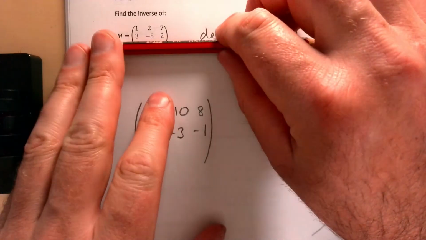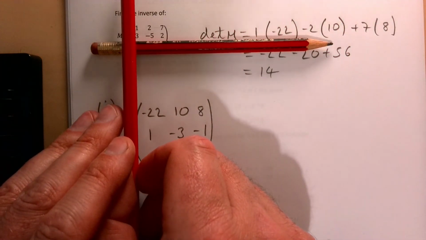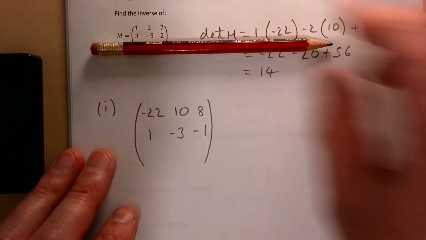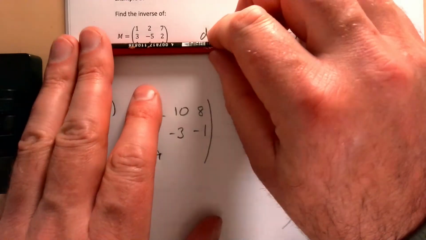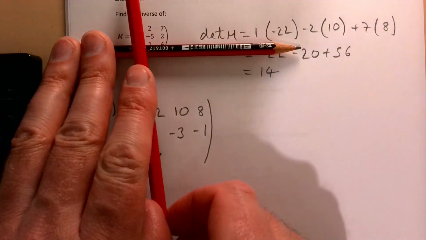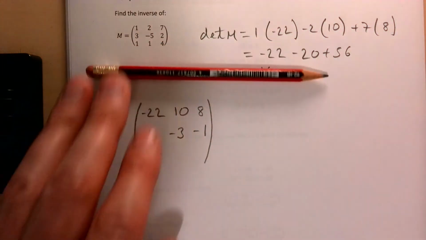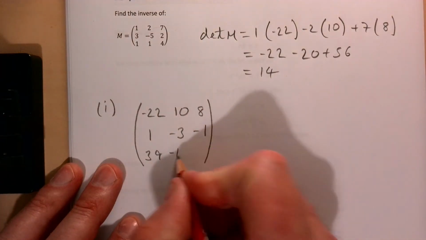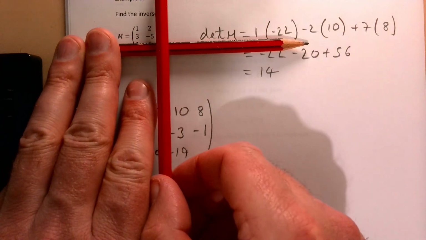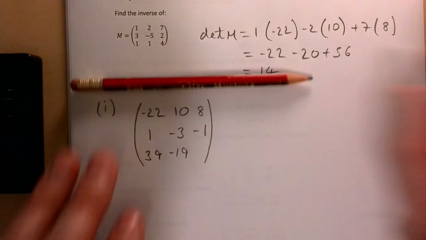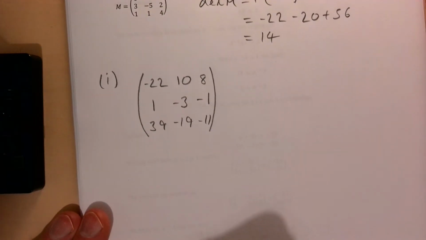Bottom row, column, then so we have 4 minus 35, so that gives us 39. Here we have 1 times 2 is 2, take away 21, minus 19. And then finally, minus 5 minus 6, so that then is going to be minus 11. So that's our matrix of minors.